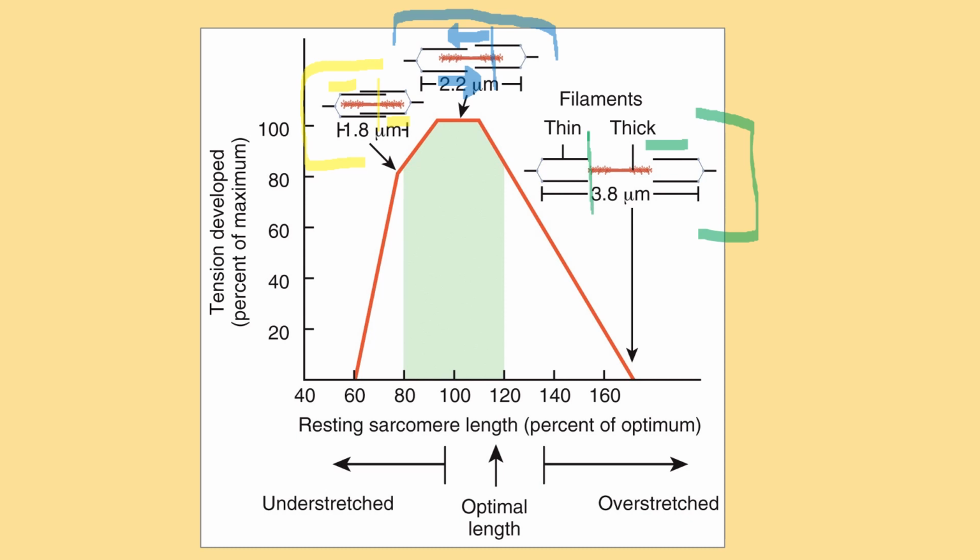There's not a lot of opportunity for the myosin to grab hold of the actin. Very few myosin heads have the opportunity to form cross bridges. These myosin heads here and here, because the H zone is so wide, have nothing to grab onto and cannot play a role in muscle contraction.